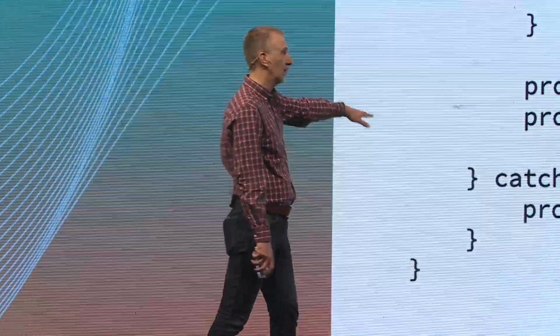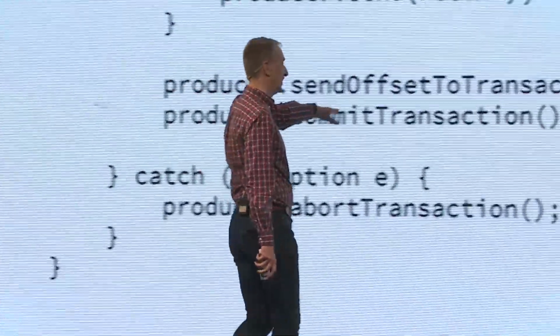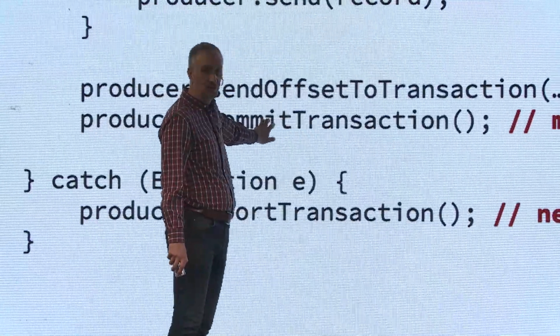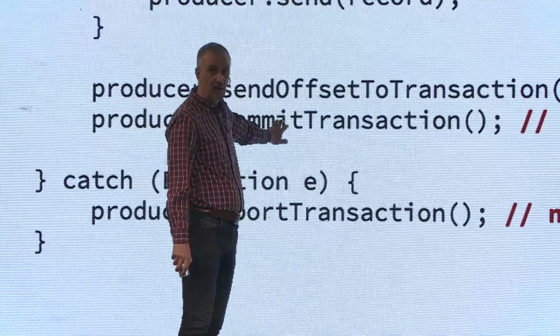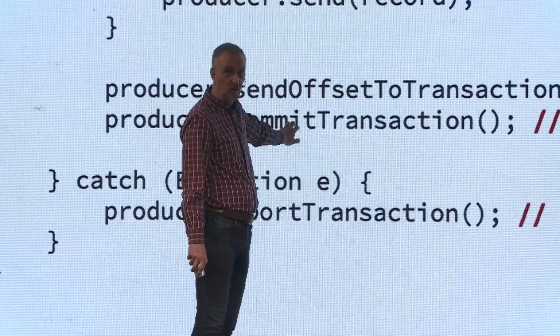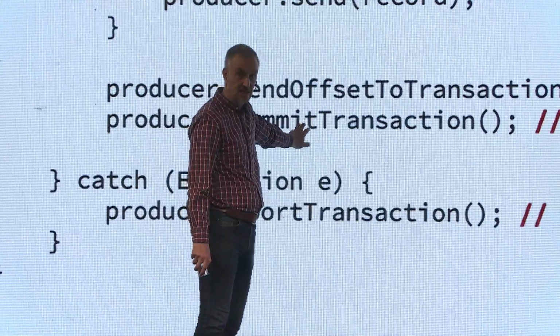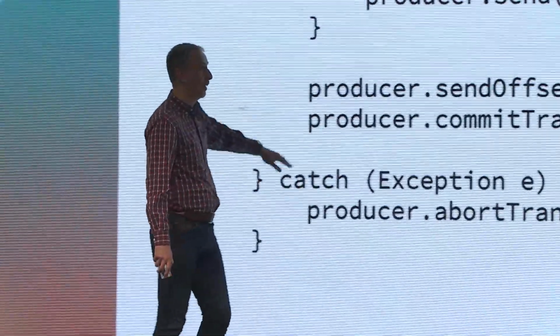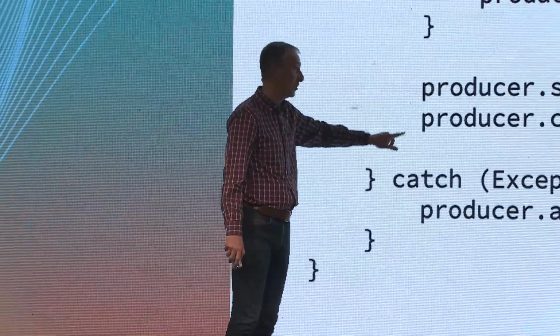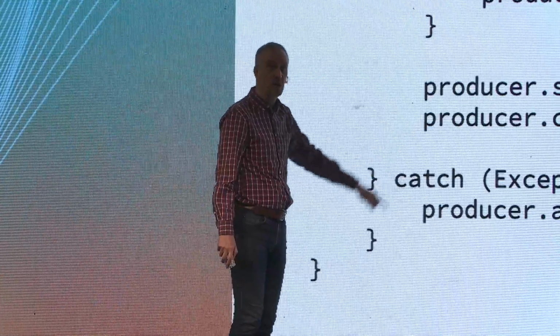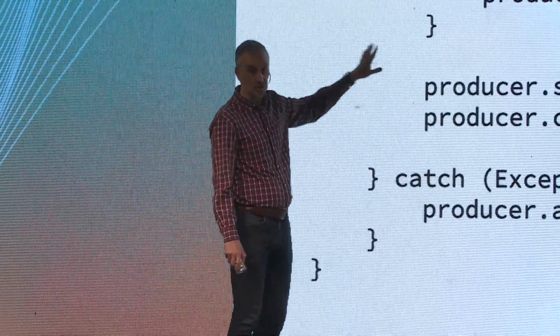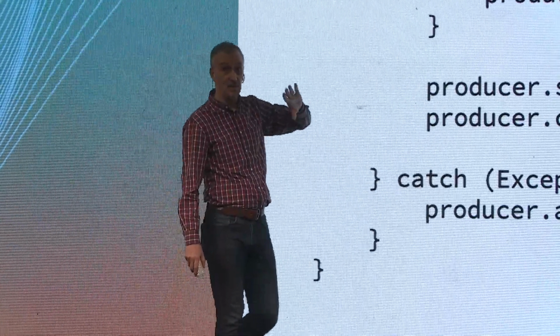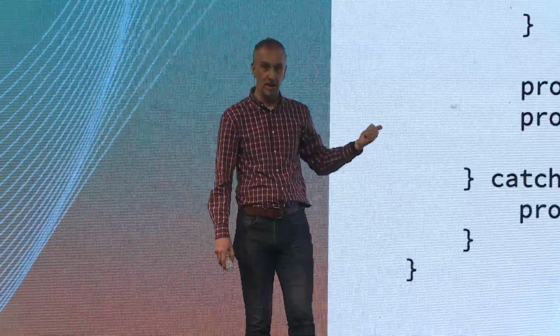And this other bit, for example, this commit transaction might throw a timeout exception. Was the transaction successful or not? You don't care. That question is never answerable. All you know is it committed or it didn't. That's the important thing about the transaction, and you shouldn't be taking a different code path down here based on that. If an exception's thrown by that, you need to check whether it happened or not, but you shouldn't be trying to reason about the return from that, because it's a distributed systems problem.